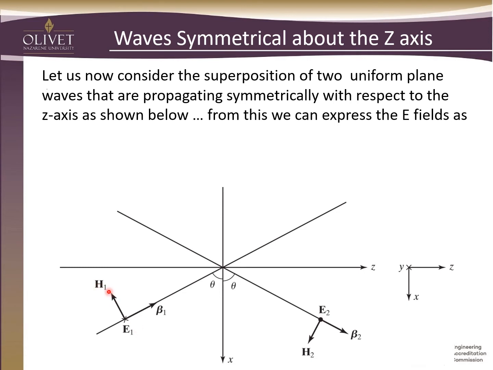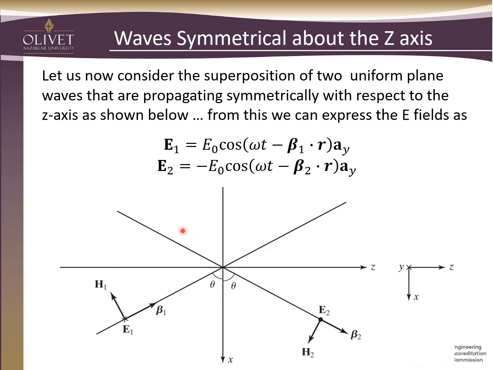But then we have this magnetic field, which you can see is going to vary because we flip or mirror across this junction right here. And so we can define our electric fields then with this new mathematics that we've introduced last time. So this E1 is going to be this peak value times cosine of omega t minus this phase constant vector beta 1 dotted with r, which is going to give us this direction a_y.